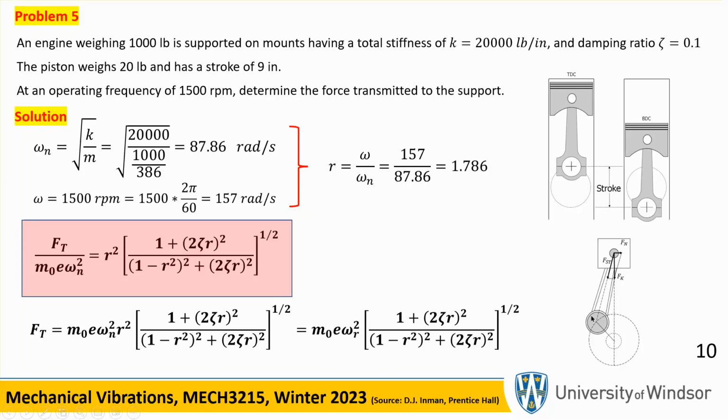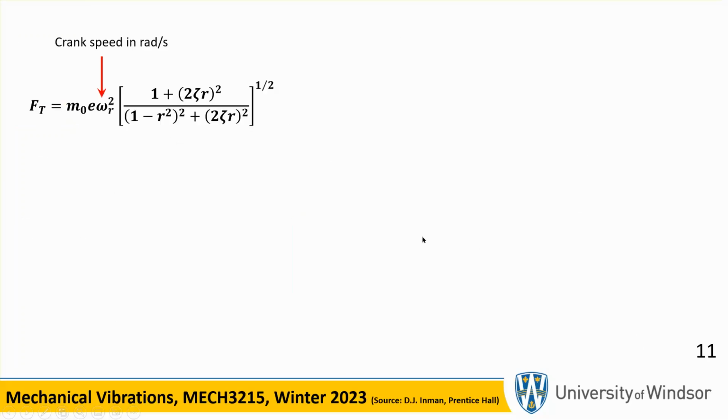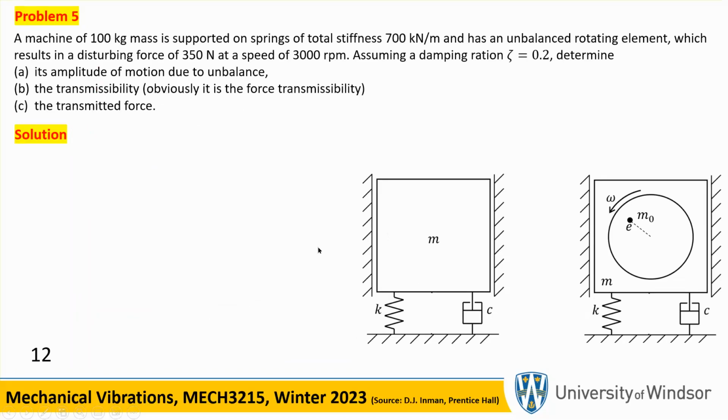Treat it as a rotating unbalanced problem where you place the mass of the piston at a distance which is half the stroke distance. Solved as a rotating unbalanced problem. Okay, this is what you saw because you backed up.